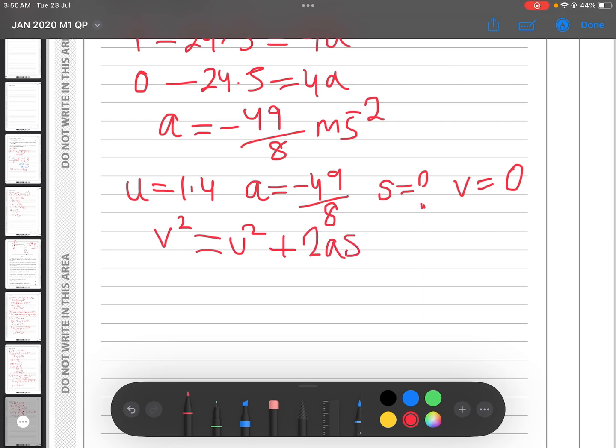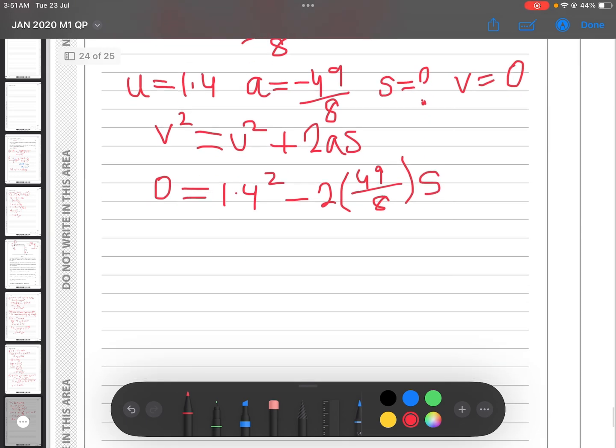Again, using the equation v squared equals u squared plus 2as, we can find s now. So v is 0. 0 squared is 0. Then 1.4 squared minus 2 times 49 over 8 times s. Simplifying this, we can find that s is equal to 0.16 meter.